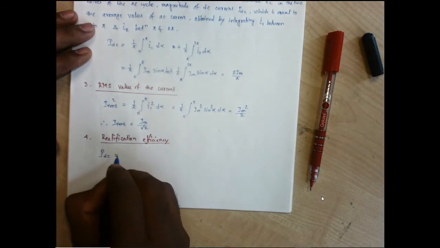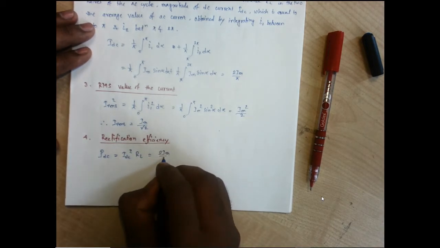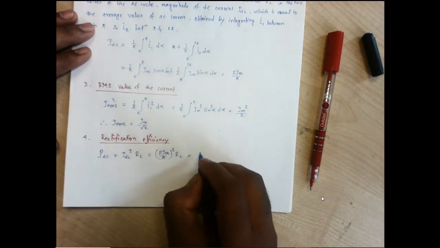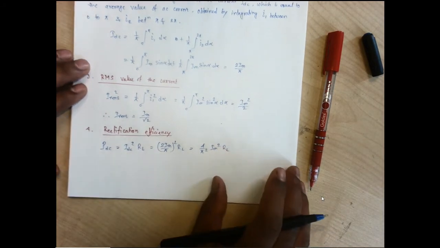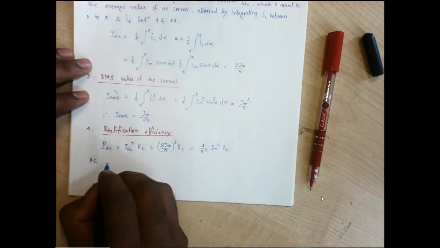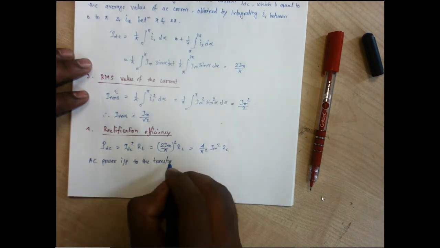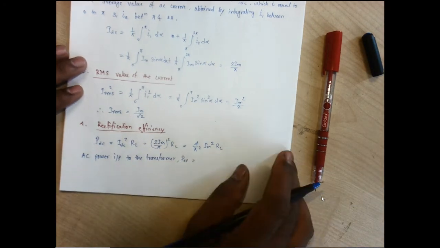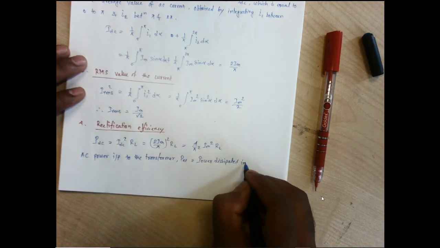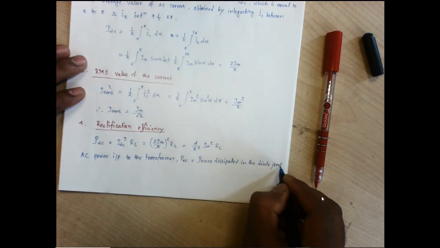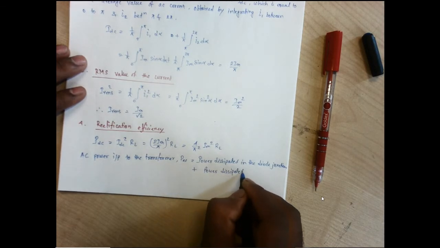The output power PDC is IDC square into RL, that is twice Im by pi whole square into RL, that is 4 by pi square Im square RL. The AC power input to the transformer, PAC, is the power dissipated in the diode junction plus the power dissipated in RL.